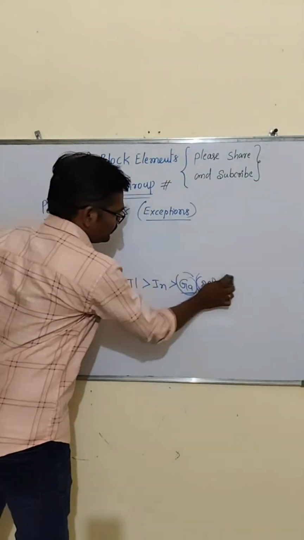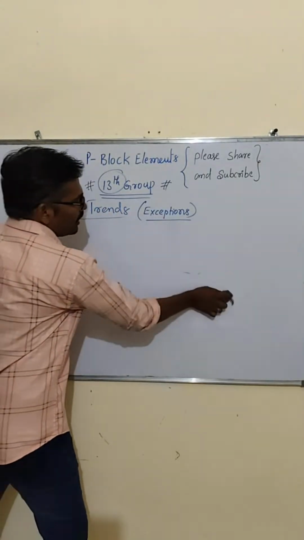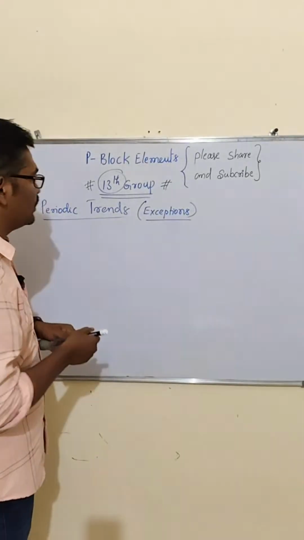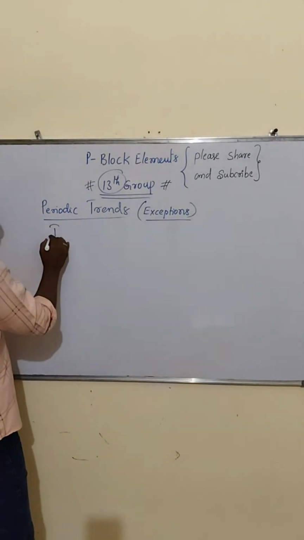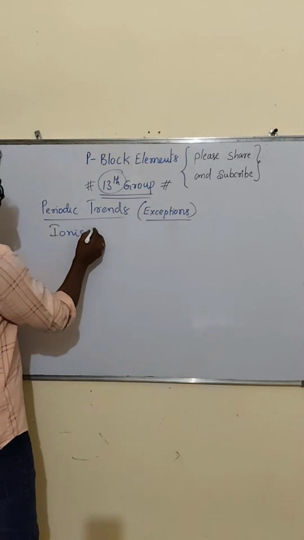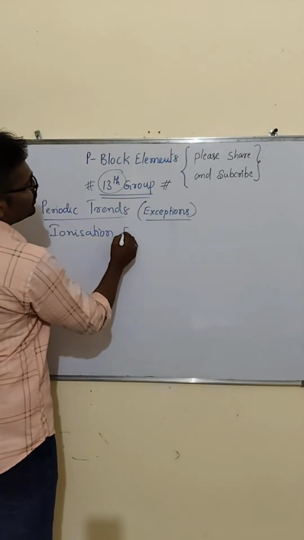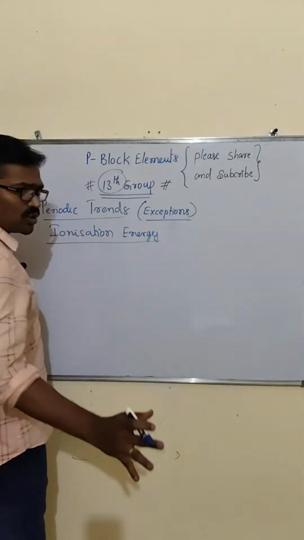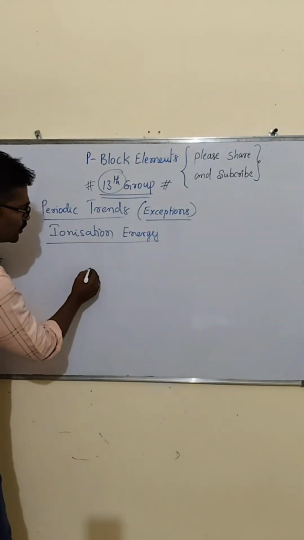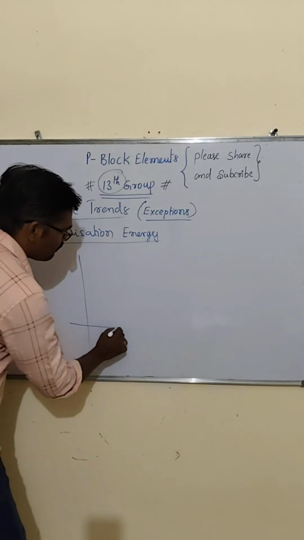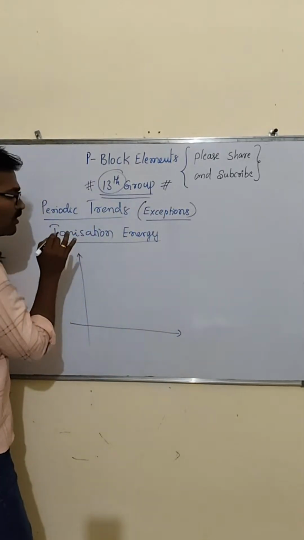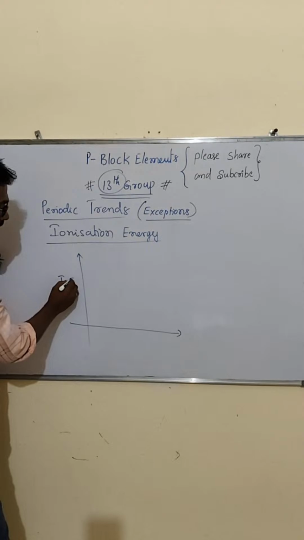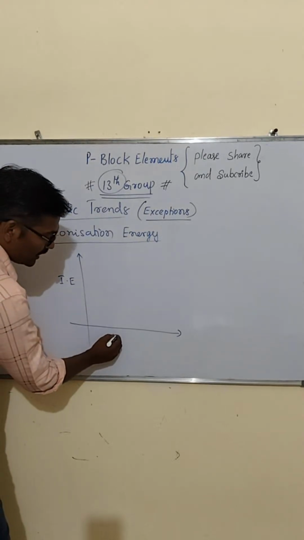Ionization energy. To remember the ionization energy, what is the shortcut? You have to remember a graph for this. These are the trends of the elements.